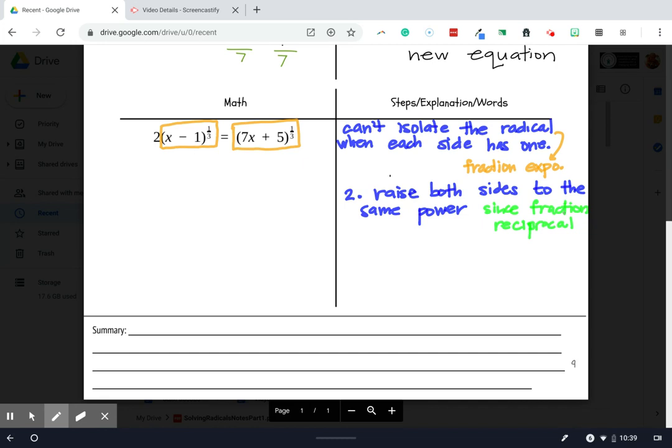So since it's 1/3, each side of this problem is going to be raised up to the third. Okay? The only tricky thing here is that on the right-hand side, it's nothing. It's just good old 7x plus 5. The 3 cancels the 1/3, everyone's happy.